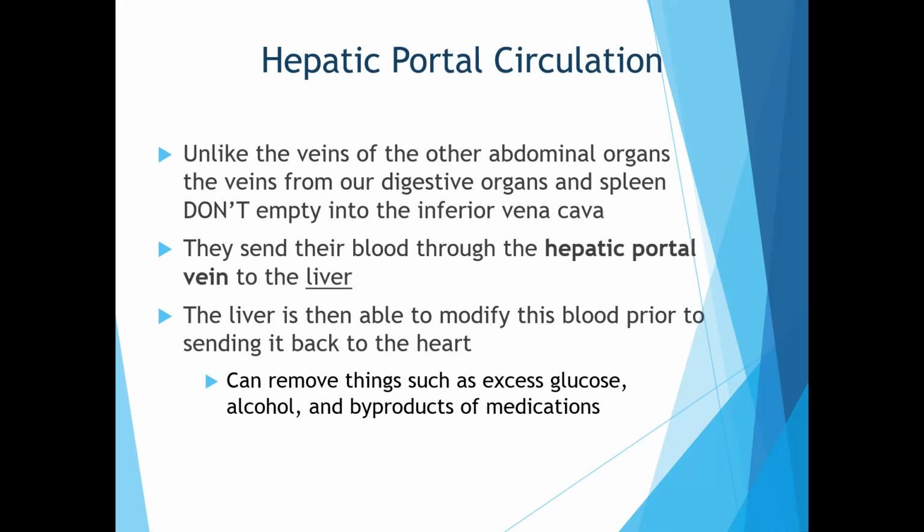When you hear about cirrhosis of the liver in alcoholics, it's because the liver is working so hard all the time to remove the excess alcohol from the bloodstream that it starts dying off. In terms of medications, say we're allowed to take an ibuprofen every 4 hours or so. That's because the half-life of the medication, or how quickly our body cleans that medication out, is about 4 hours. That is being done by the liver.